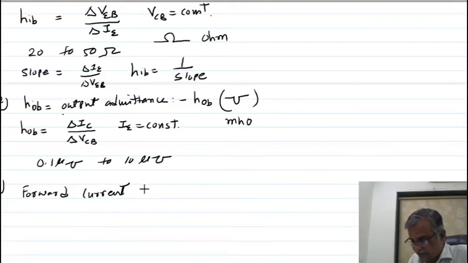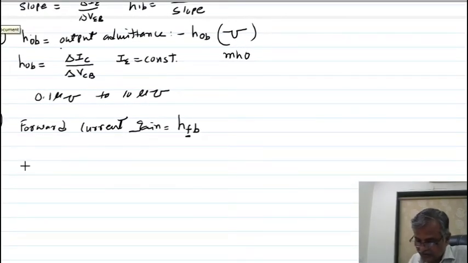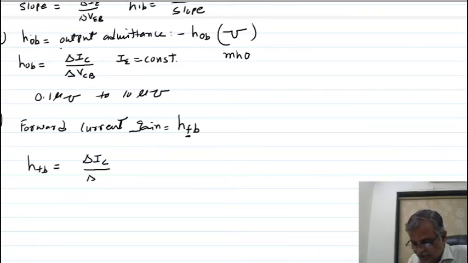It is forward current gain. HF for forward, B for common base. So what is the forward current gain? It is the ratio of change in output current to the corresponding change in input current at a constant value of the output voltage.